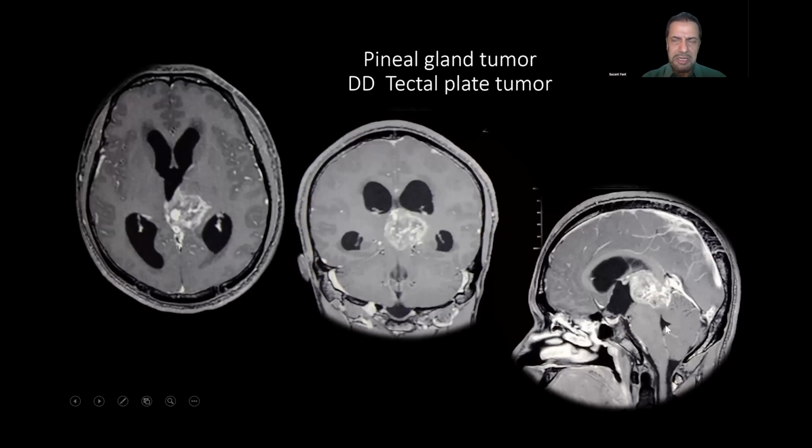You can get a little confused as to whether this is a tectal plate glioma or a pineal gland tumor. Again, the third ventricle is ballooned up, the foramen of Monroe has been rising up here, and there is hydrocephalus because of the compression and obstruction at the aqueduct.